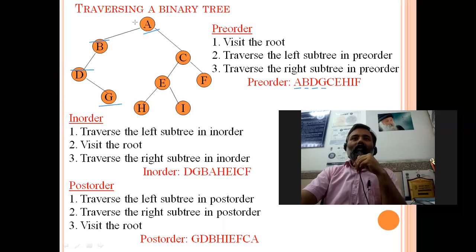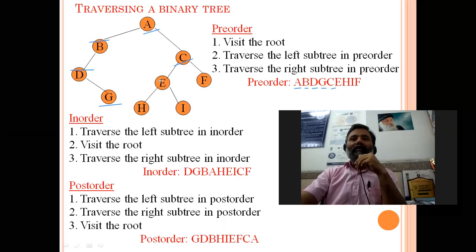So this left subtree of the root node has been traversed. Now the right subtree, again in pre-order. So again this one, root node C, then its left subtree.